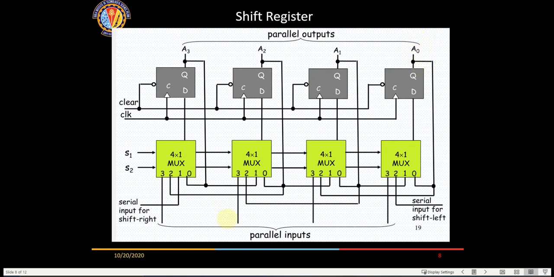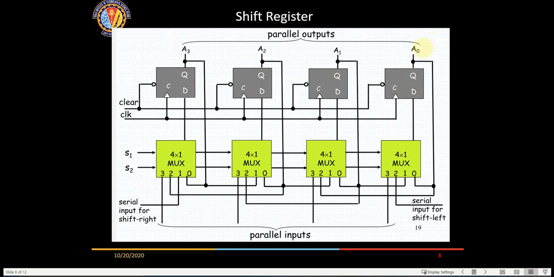See, you take parallel data in here, so this will be available at A3, A2, A1 and A0, and then you keep shifting the data towards the right. So at A0 you will get the serial output. Yeah, thanks Venkat.